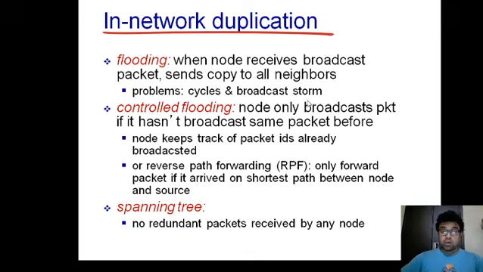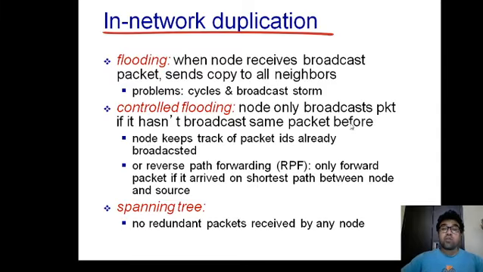So the third way of broadcasting the information is controlled flooding. And how is this controlled flooding done? A node only broadcasts a packet if it hasn't broadcast the same packet before. So how is that going to happen?